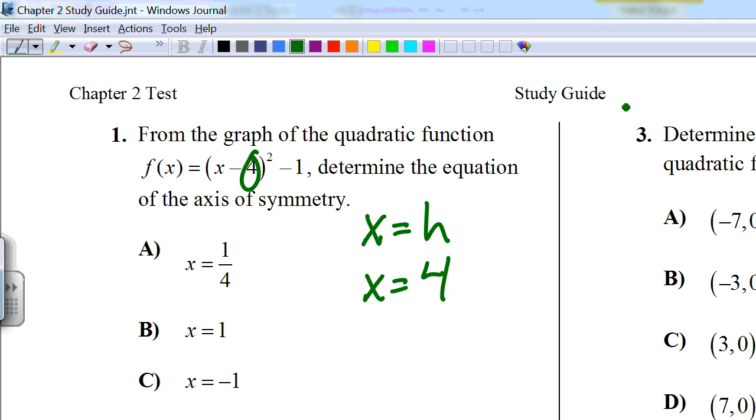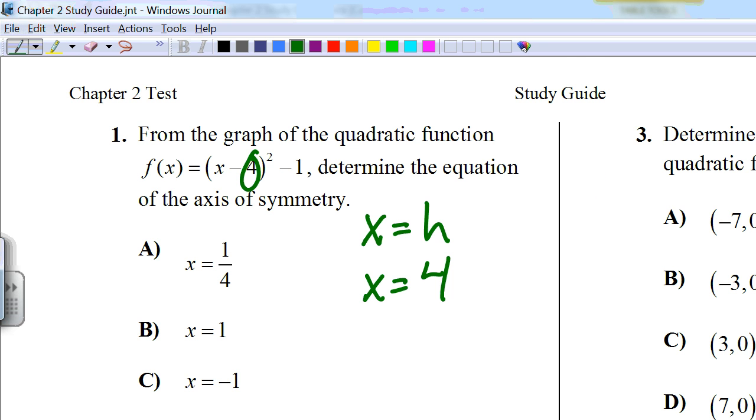Determine the x-intercepts of the quadratic function. So x-intercepts are when y is equal to 0. So we have 0 equals... I'm sorry, this is so messy because this stylus is so incredibly sensitive.